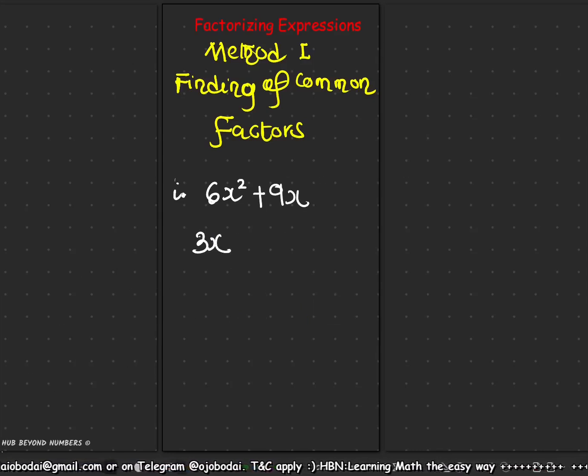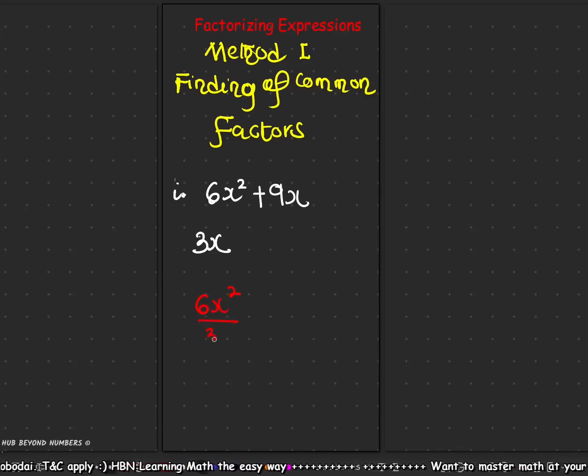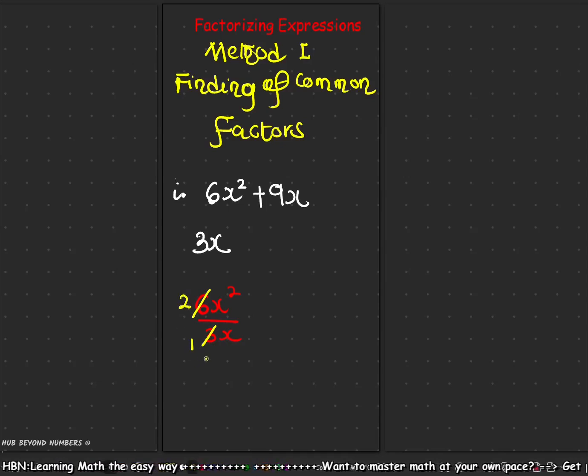Then now we ask ourselves, we divide each and every term by this factor we have written outside. What this means is we first of all have our 6x squared. We're going to divide it by 3x. If we divide 6x squared by 3x, what do we have? So 3 divides itself once and it divides 6 twice.